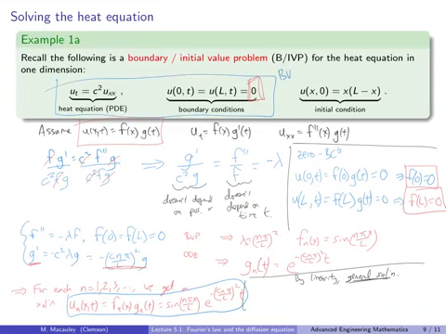So by linearity, the general solution to this BVP is u of x, t is the infinite sum from n equals 1 to infinity of, I'm going to call it b_n because we have sines, b_n times u_n of x, t, which is just the infinite sum from n equals 1 to infinity of b_n sine of n pi x over L times e to the minus (c n pi over L) squared t.